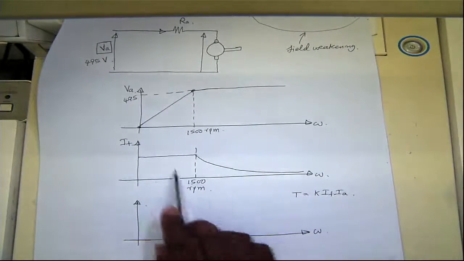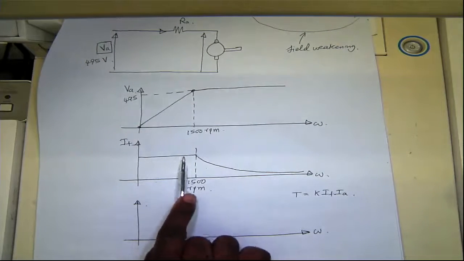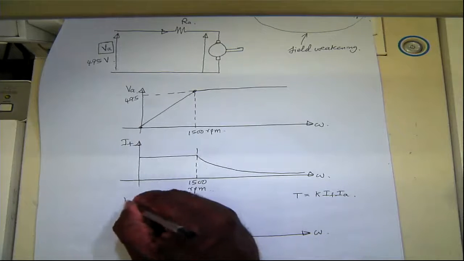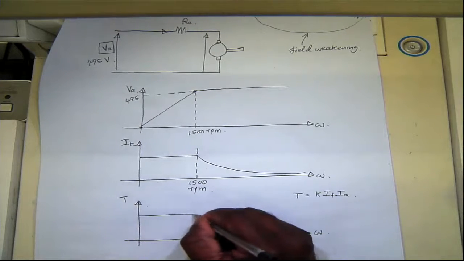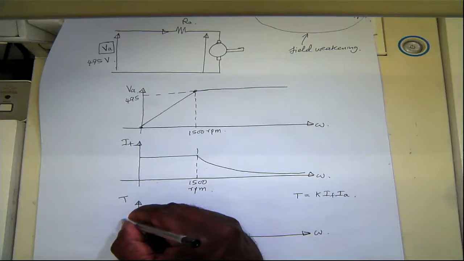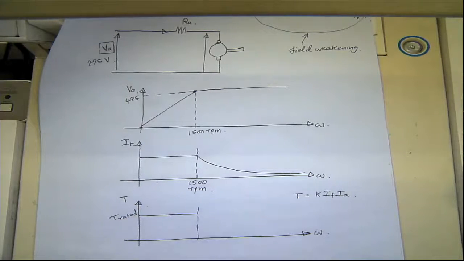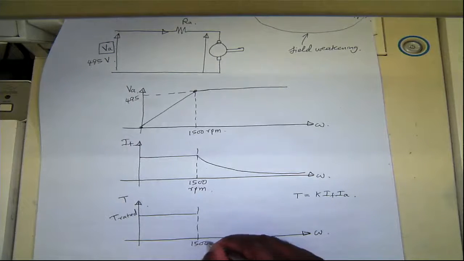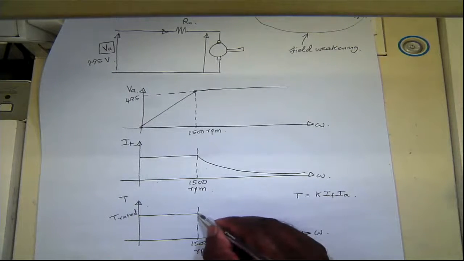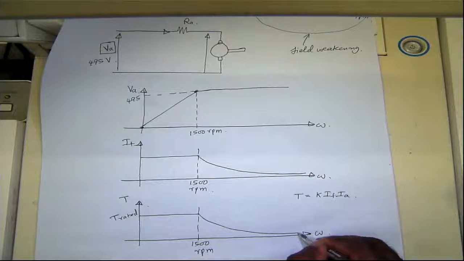Around here, you can supply maximum field current as well as maximum armature current. So you can supply the rated torque up to this point. This is the value we calculated before, T rated, the rated torque. After this rated speed, you can't achieve the rated condition, so you gradually decrease the torque.